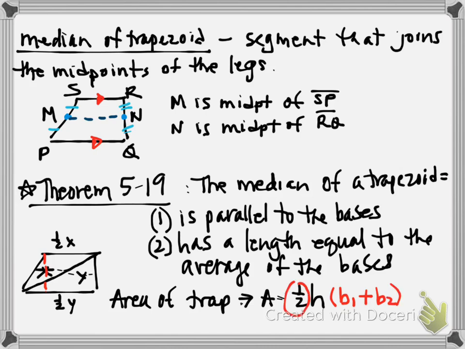If I pair up the half with this, I'm finding the average of the bases, and I'm multiplying it by the height. So there's a direct relationship between the second part of this theorem, the median of the trapezoid has a length equal to the average of the bases, and the area. When I'm figuring out the area of a trapezoid, I'm using that median as my base number and multiplying it by the height. So that's where that idea comes from.